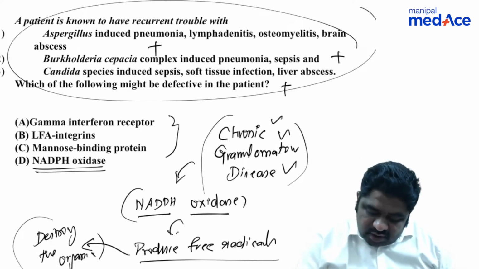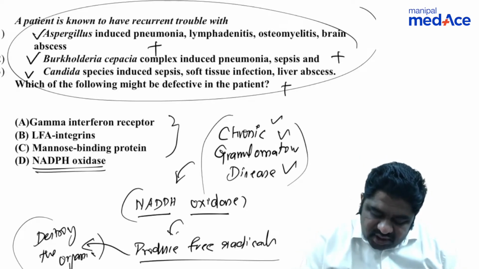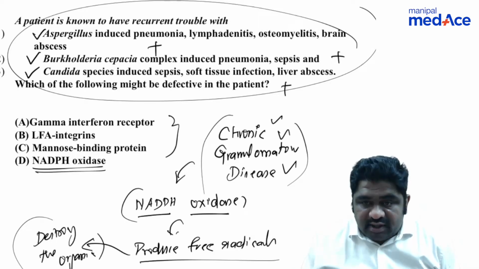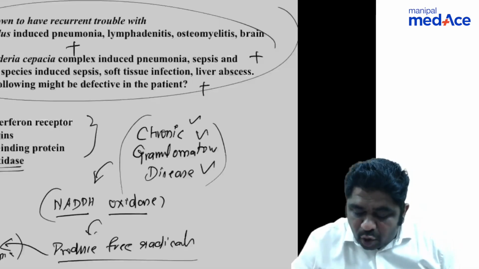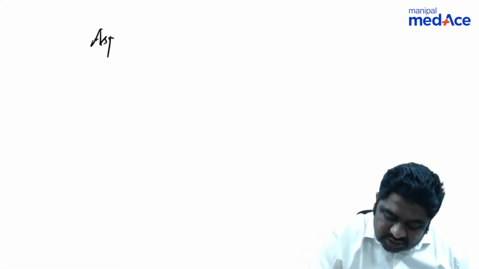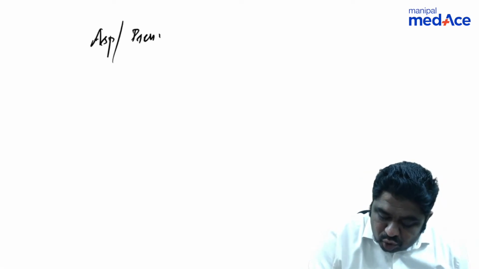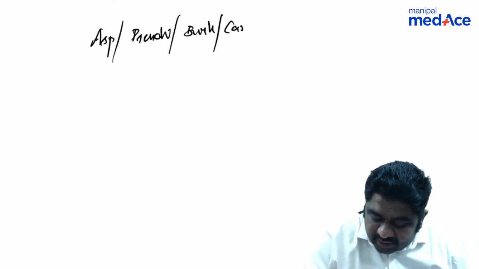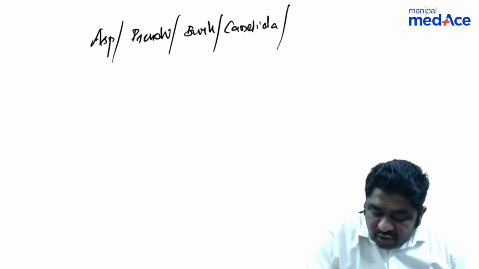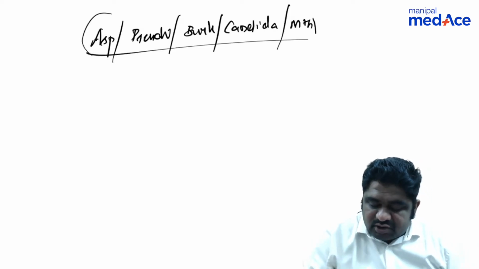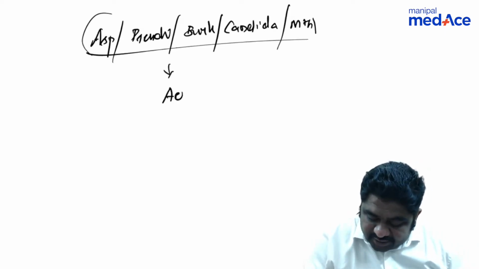Now, Aspergillus, Pseudomonas, Burkholderia, Candida are all organisms which have aerobic nature. Apart from that, think of MTB. All these organisms have aerobic nature.